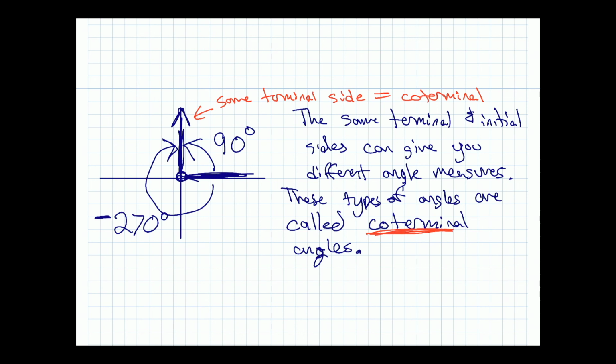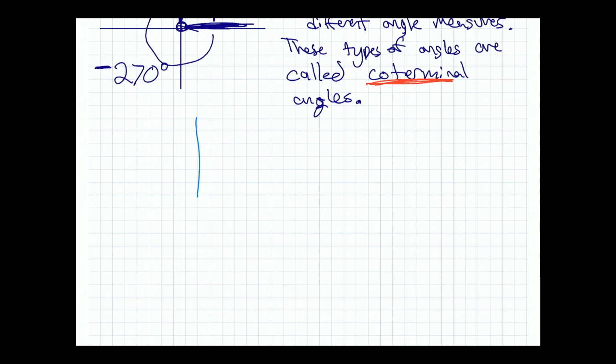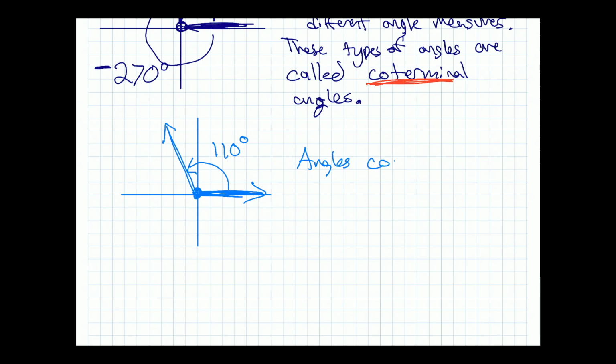Now there's an infinite number of coterminal angles for every angle. So think about it. If I've got an angle like this, I'm going to make one up here. Let's say this is 110 degrees. Let's see, angles coterminal with 110 degrees.